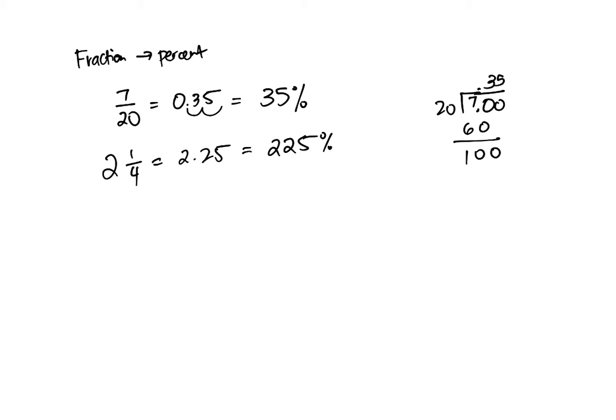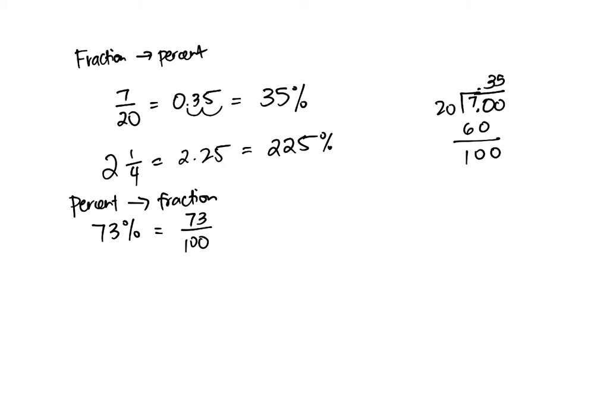And if I wanted to change a percent to a fraction, I want to keep in mind, again, that meaning of percent, per 100. So I'm taking that number, say I had 73. I know that's going to be that number, 73, out of 100.